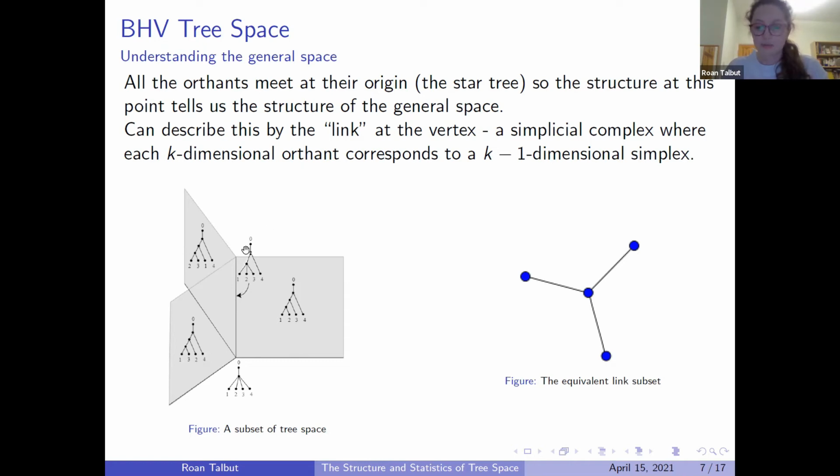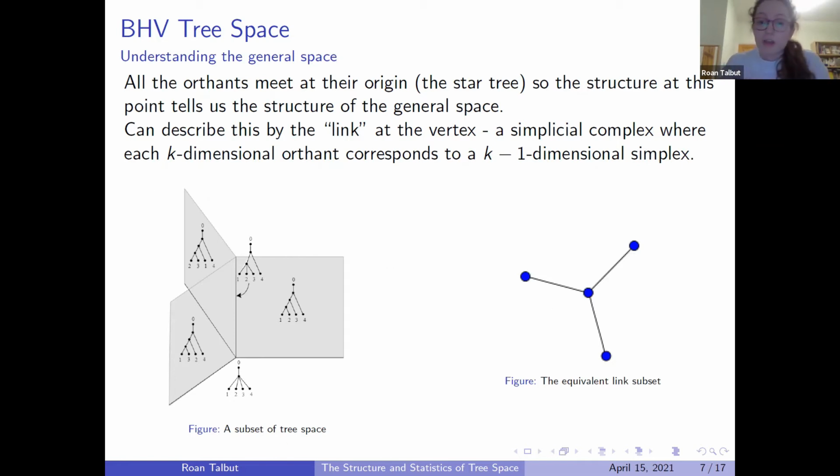So the two-dimensional planes correspond to edges, the half lines correspond to vertices, and these join up. Hopefully it's also clear where the concept of an epsilon sphere comes in. If we consider the structure of points at a distance epsilon away from our star tree, we get a space that looks a bit like this.